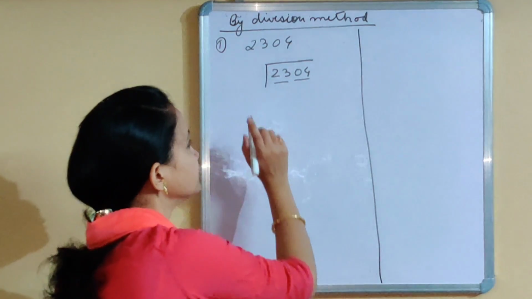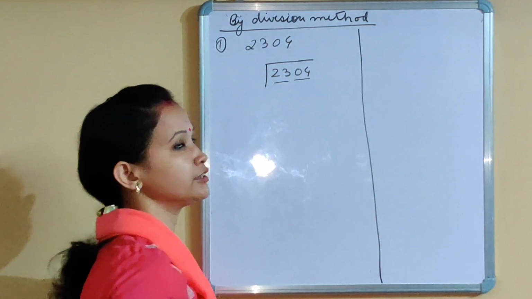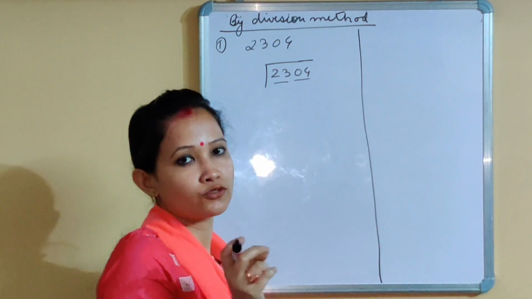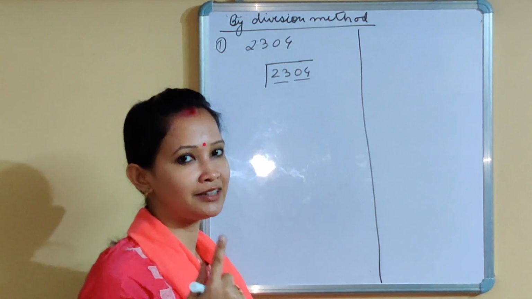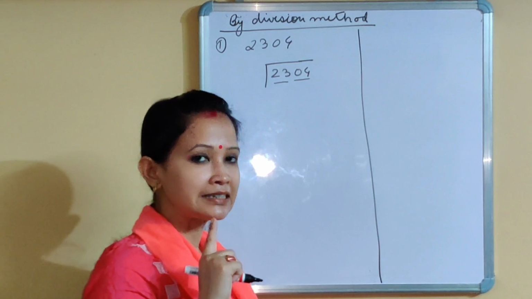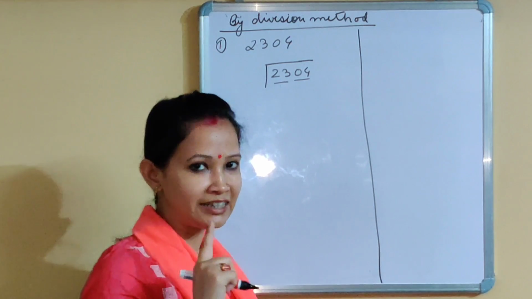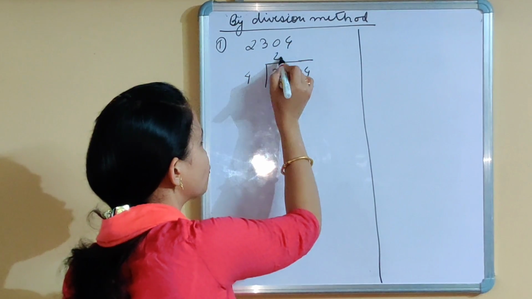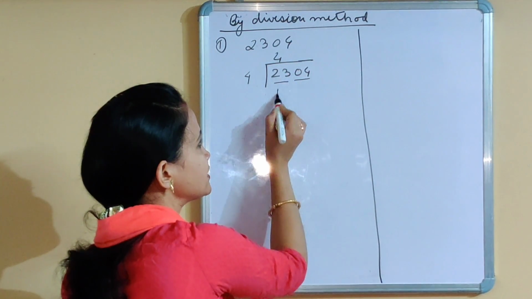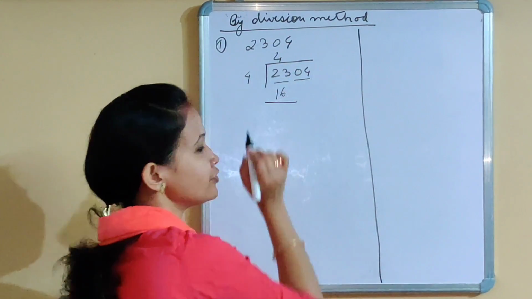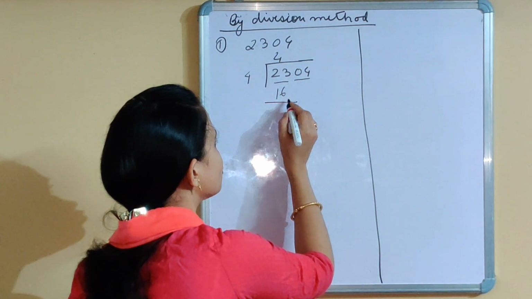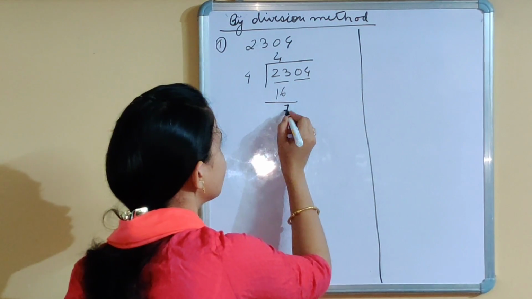Now here you see the first number is 23. You have to observe which number, when you multiply it 2 times, is less than 23. It is obviously 4. 4 into 4 is 16, and it is less than 23. So when you subtract it, it comes out to be 7.